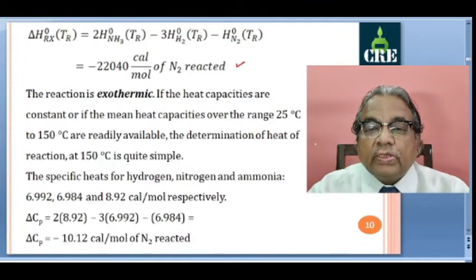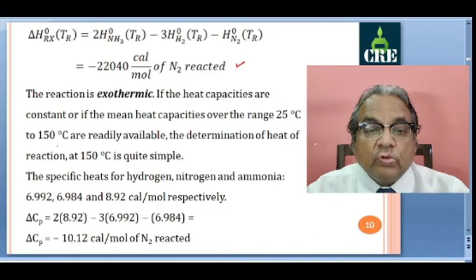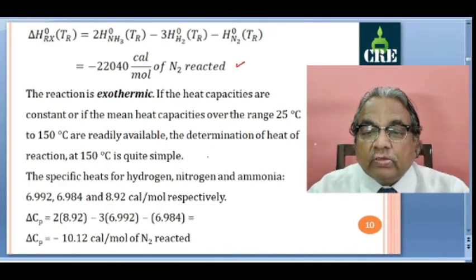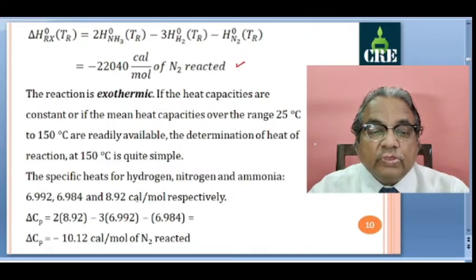Reaction is exothermic and if heat capacities are constant or if the mean heat capacities over the range of 25 degrees Celsius to 150 degrees Celsius are readily available, the determination of heat of reaction at 150 is quite simple. Specific heats of hydrogen, nitrogen and ammonia are given in calories per mole with these values respectively.